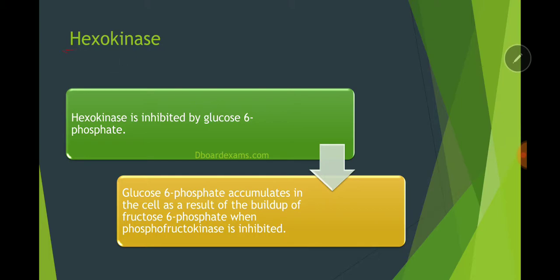Remember the hexokinase reaction: you have glucose and you have hexokinase, and this reaction needs ATP, and it forms G6P, glucose 6 phosphate.